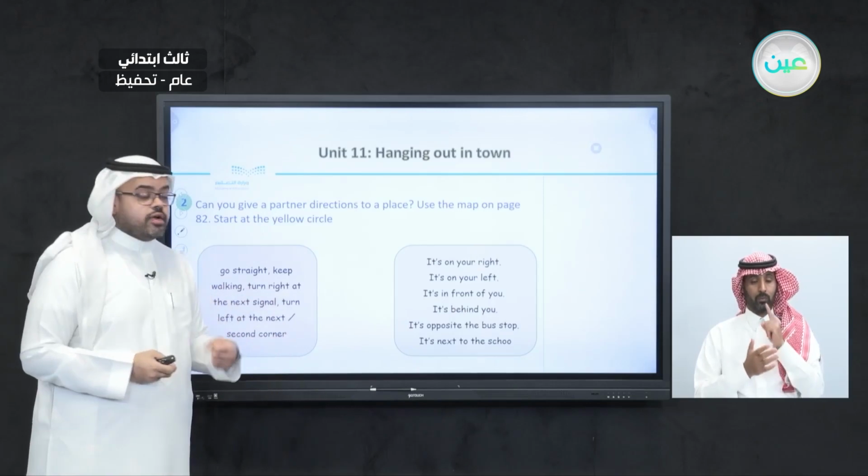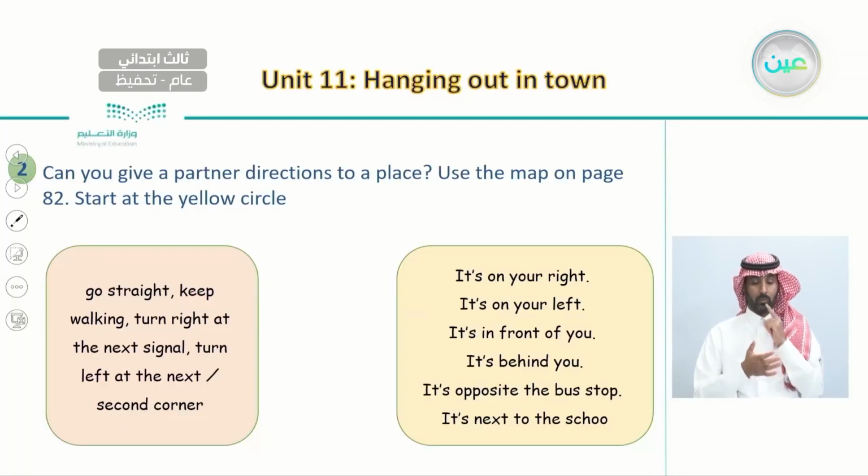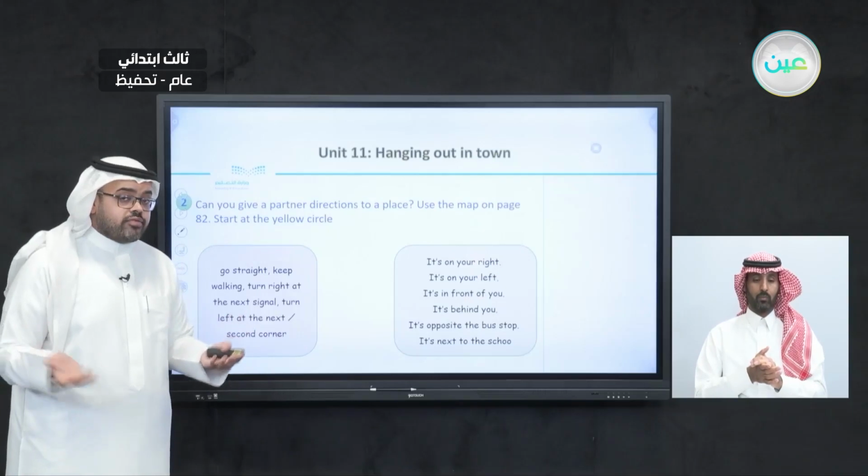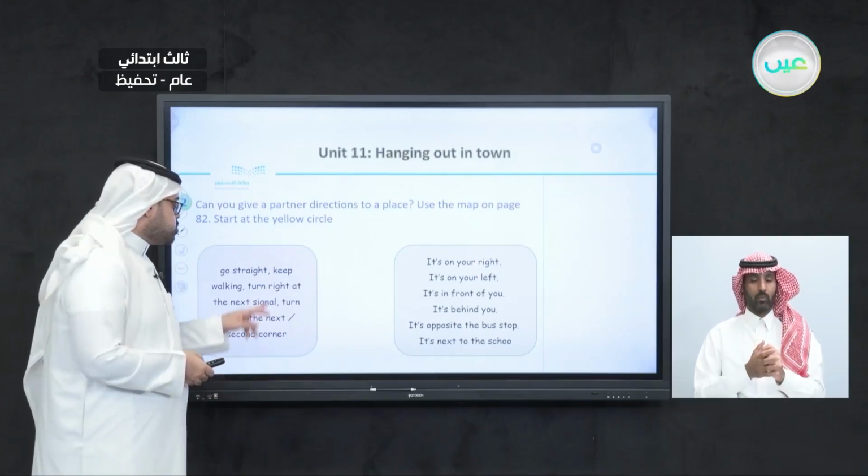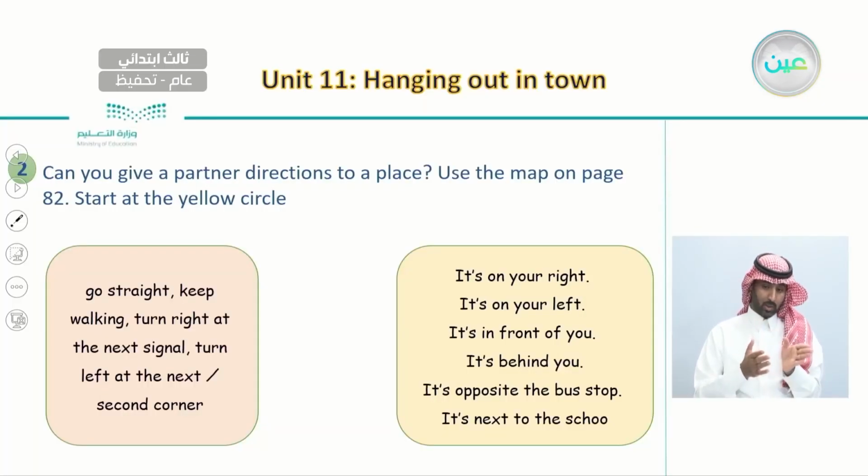We can have a phrase like keep walking, which means to continue walking and never stopping. Also, we can say turn right at the next signal or at the next traffic light, turn right. We can also have a phrase like turn left at the next corner, for example.